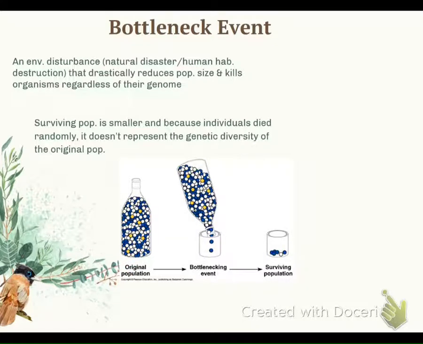If we take the original population, which is evenly blue, white, and yellow little dots, and we pour some into a bottleneck event, sort of like Asians coming over into North America via the Bering Strait, only a limited number came in. Not all the people from Europe, Asia, and Africa came over, and therefore they have a certain genome. The surviving, moving population did not have the great variety that there was originally.